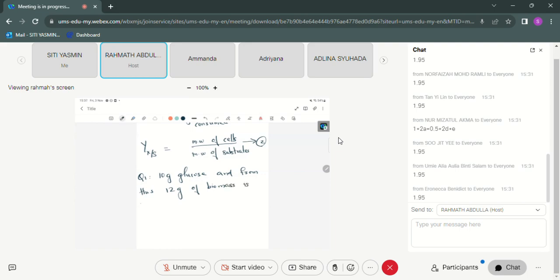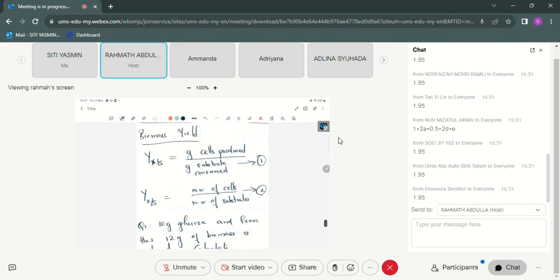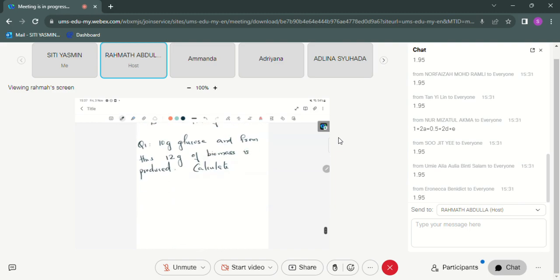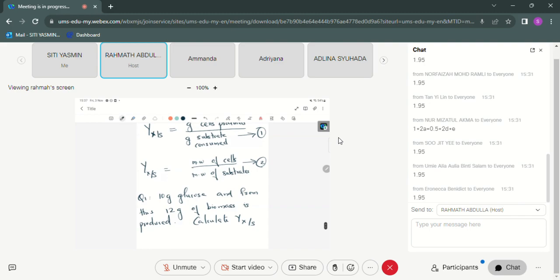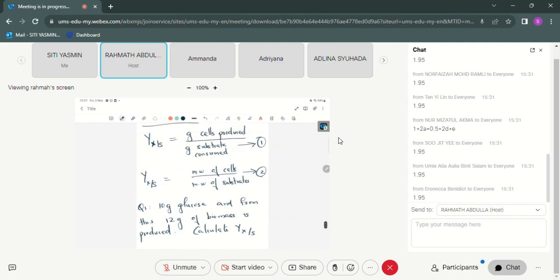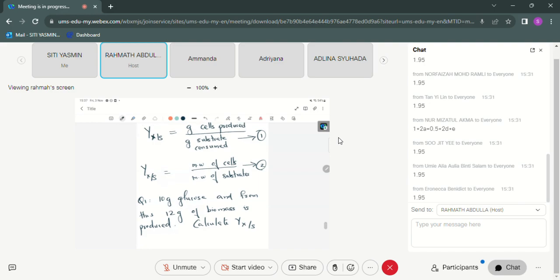Now calculate the biomass yield, which is Y X over S. Please calculate based on equation number 1 and also equation number 2.